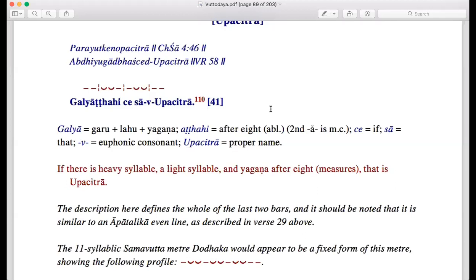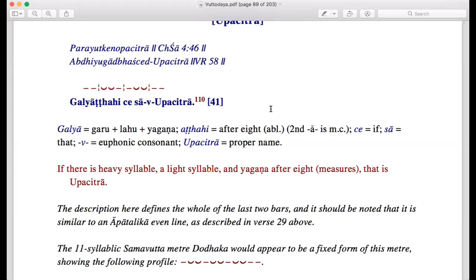Ryan, in your explanation can we use 3 groups, right? The rules should simply be garu, lahu, and then lahu, garu. It should be like that.